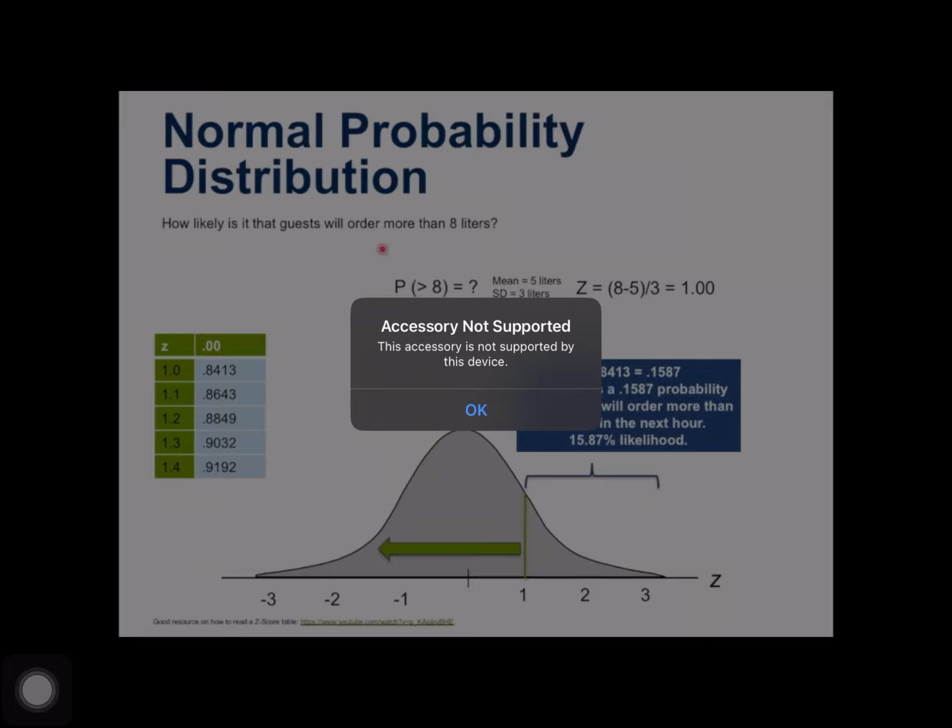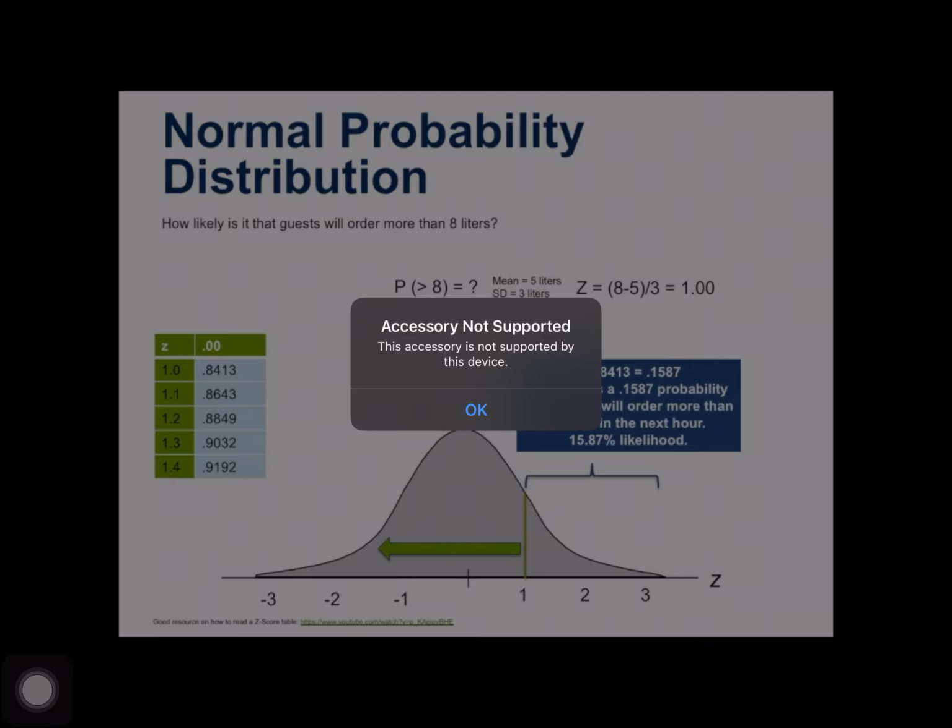But our question asked more than 8 liters. So what we need to understand is that this is everything, all the possible options that someone could consume from the beverage stand, and we've already identified 0.8413.